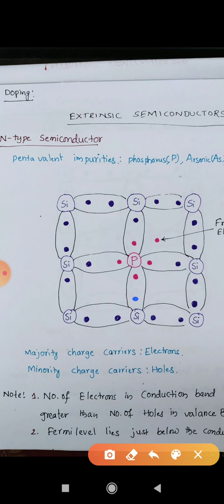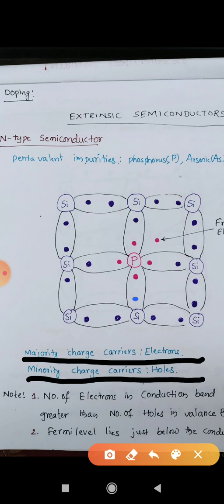In this semiconductor, electrons are majority charge carriers and holes are minority charge carriers, because most of the n-type semiconductor has millions of electrons already generated. So electrons are majority charge carriers. They play the main role in conducting current in n-type semiconductors.